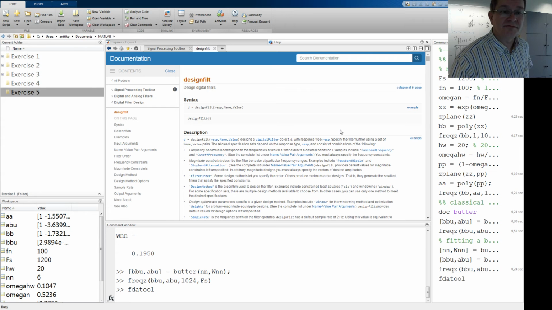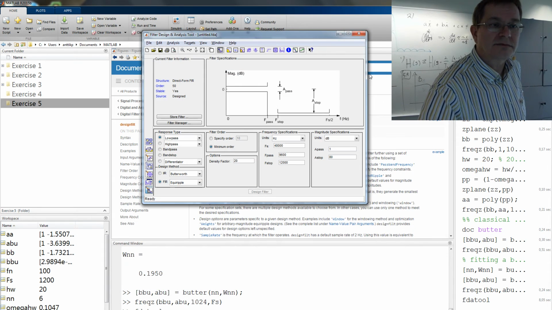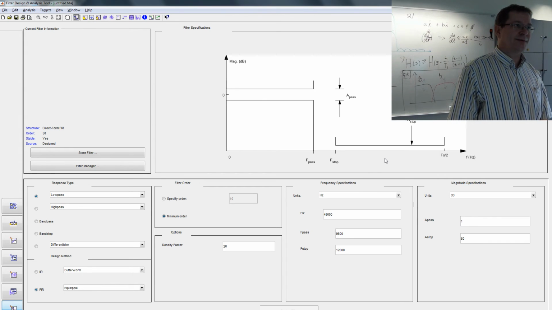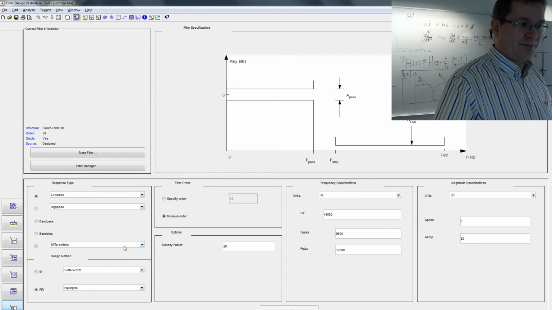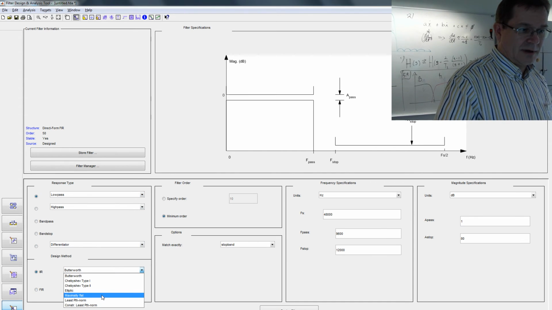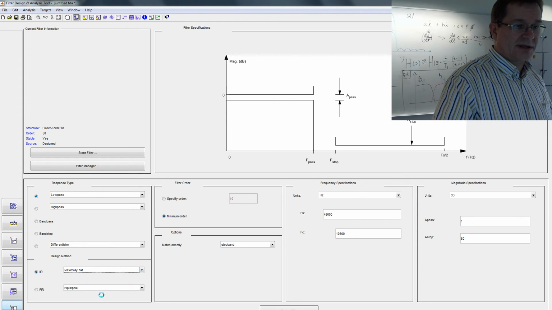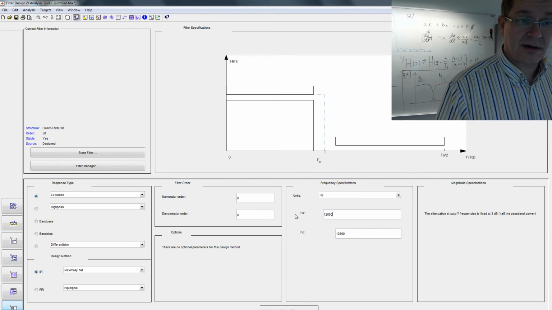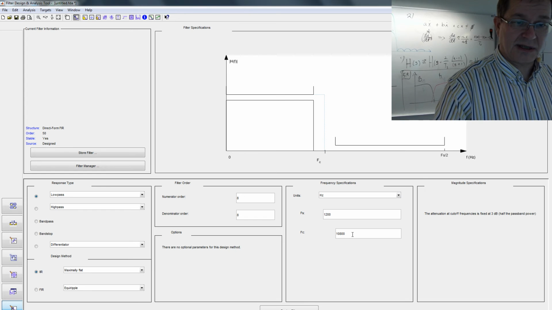Did you know? Let me see if this one shows up. Okay, desktop. Alrighty, that's how you design a filter. So low pass filter, for example, let's make it IIR maximally flat, for example, and then we just make here the cutoff frequency 100 hertz, design filter.